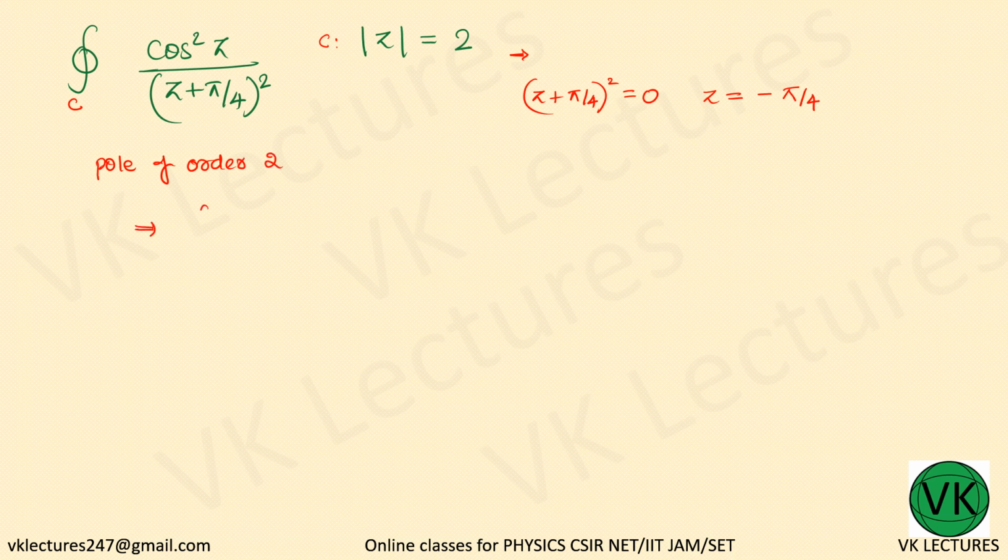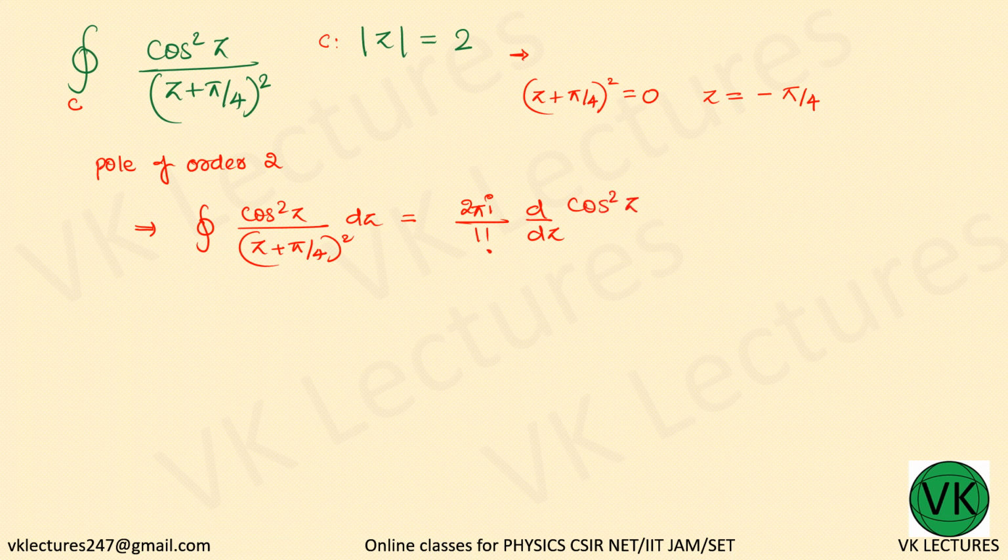So let's write down the formula. Closed integral, cos square z divided by z plus pi by 4 whole square dz is equal to 2 pi I divided by, since it is order 2, this is 1 factorial, d by dz of what is in the numerator, cos square z, at z equal to minus pi by 4.